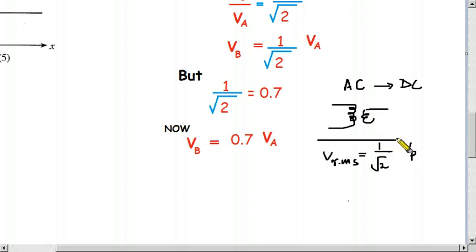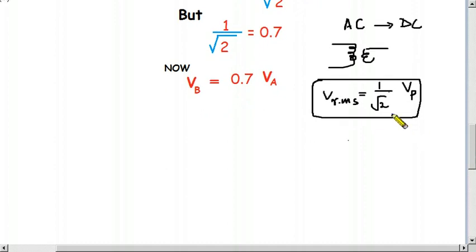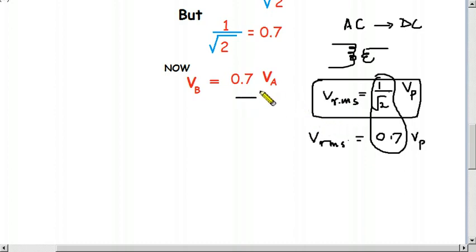This equation you must learn in the lesson electricity. So here we come to know that this value is 0.7. If you remember that, you can use it here without going into a lot of mathematics to solve this. Without solving that, you just use this value that is in your mind and go to the correct answer.